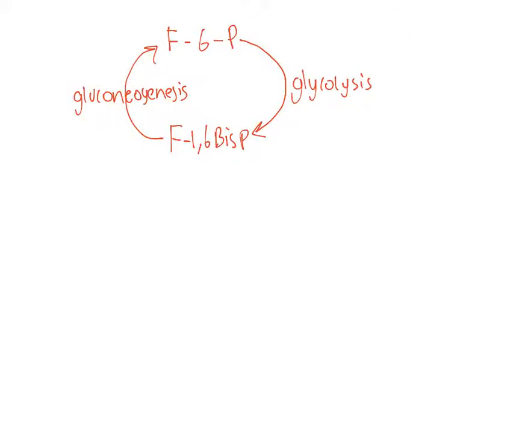Alright, so what are the enzymes that actually do this? To get it from fructose 6-phosphate to fructose 1,6-bisphosphate, we have the enzyme phosphofructokinase. And this is going to take an ATP and then convert that to ADP.